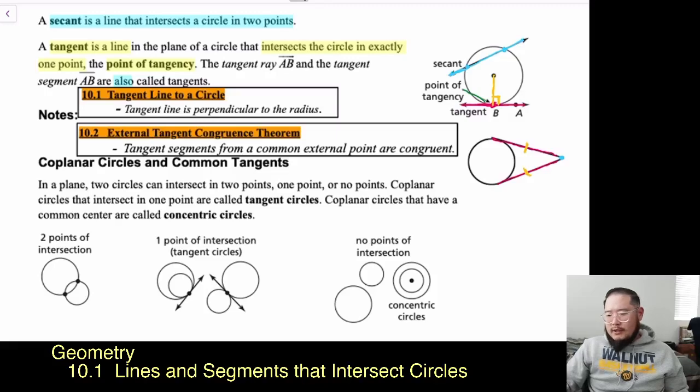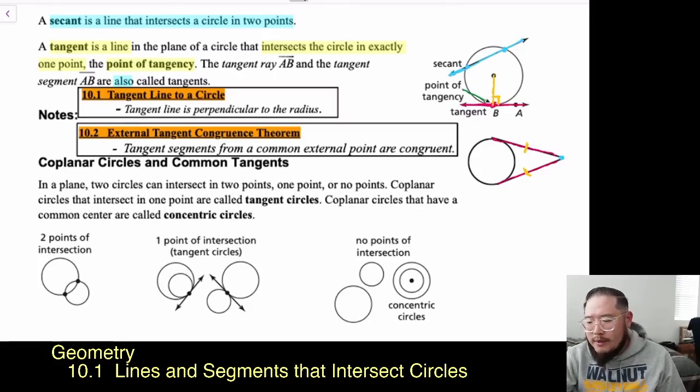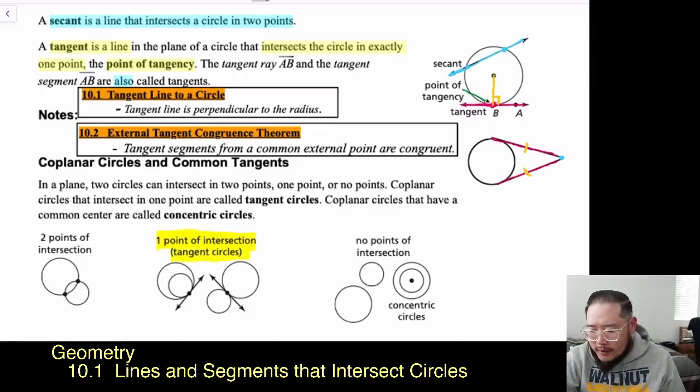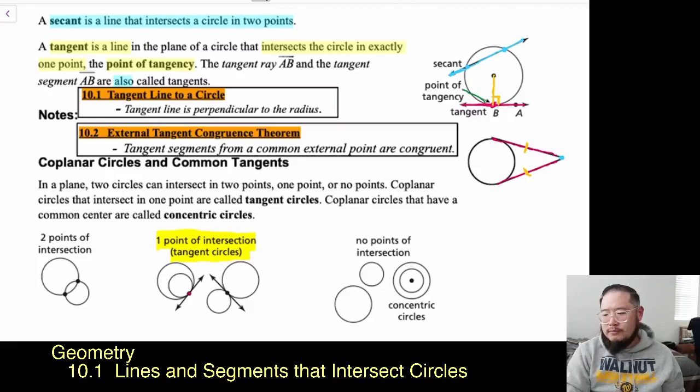So once again, coplanar circles that intersect at 1 point are called tangent circles. You can see right here in the middle, the 1 point of intersection diagram. This shows tangent circles because they both share 1 point.